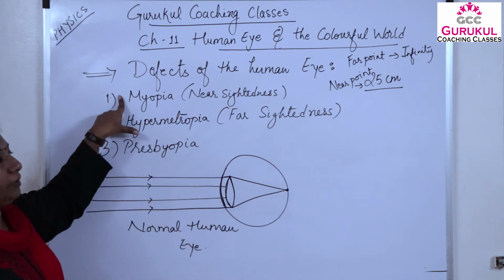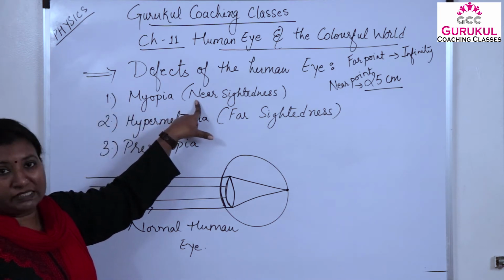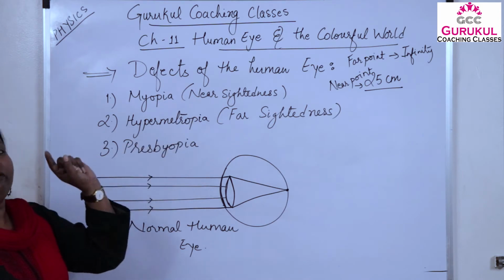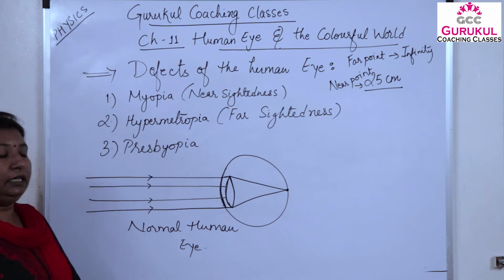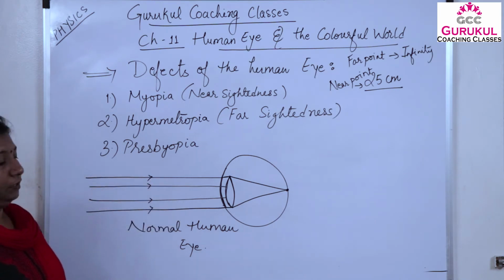But in case of myopia, only the nearby objects can be seen by the person. It means its far point decreases, and instead of infinity, it will be somewhere before infinity, right?